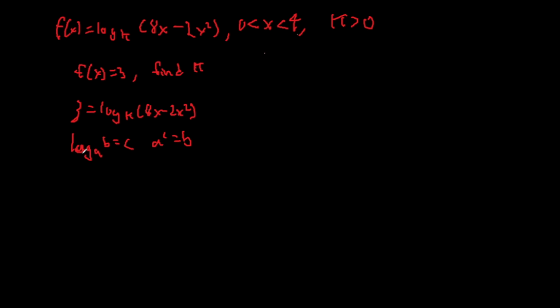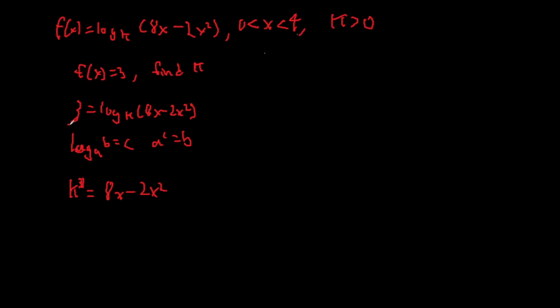If you remember how to change a logarithm into a standard indices equation, log base a of b equals c changes it to a to the power of c equals b. So with this information, we're going to get k to the 3 equals 8x minus 2x squared.